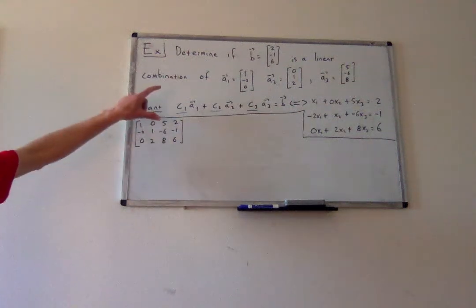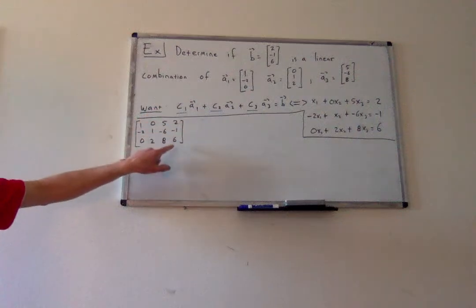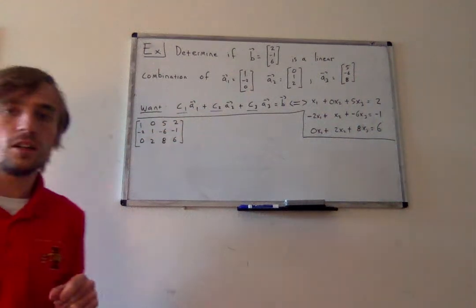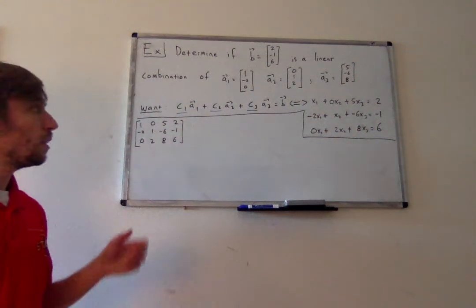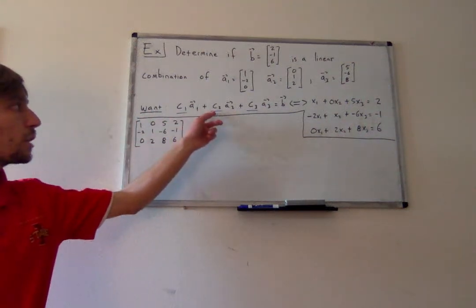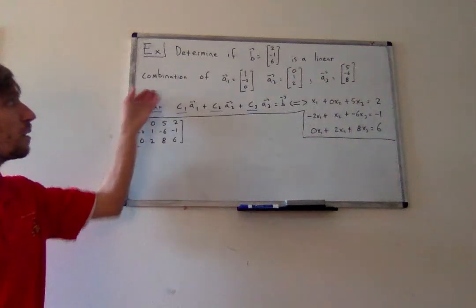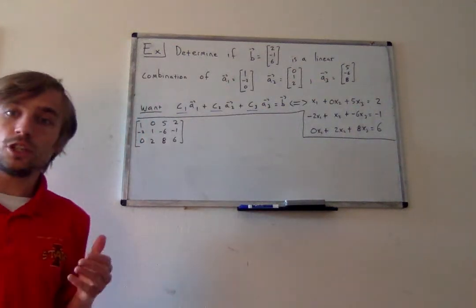Column 1 is vector A1, column 2 is vector A2, column 3 is vector A3, and the last column is the vector B. So whatever solution this gives us for x1, x2, x3, we're going to match up with C1, C2, C3, and that will be the solution that gives me a linear combination.